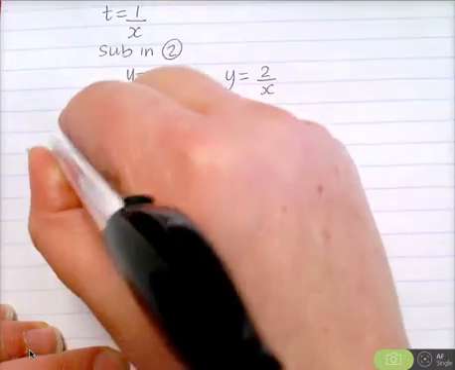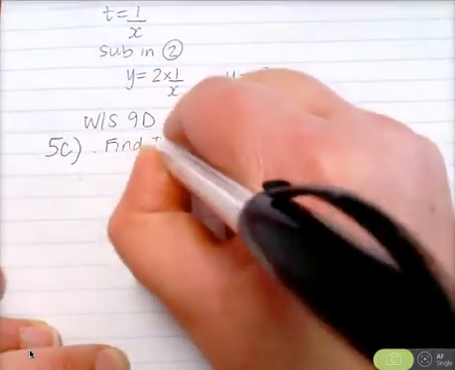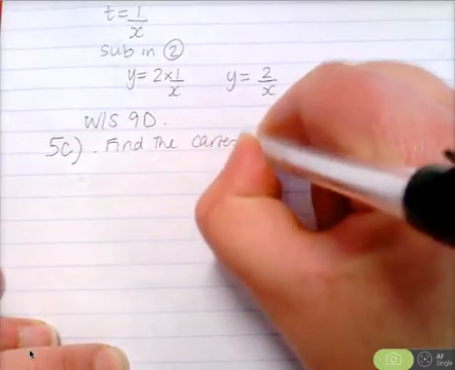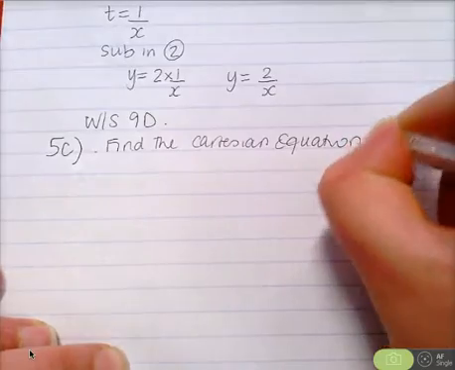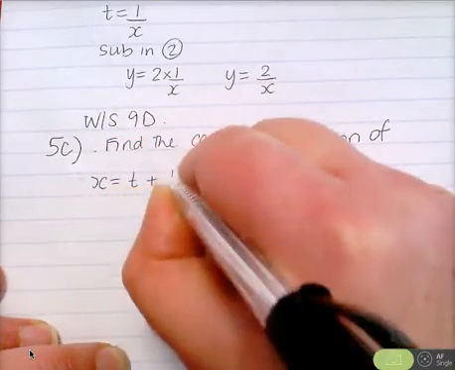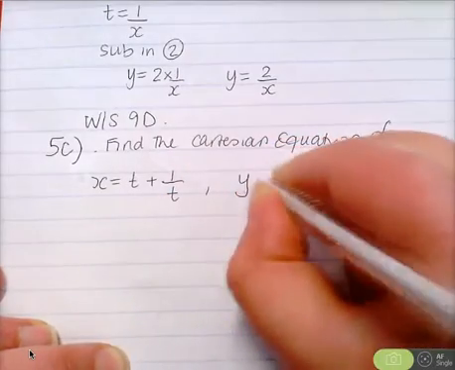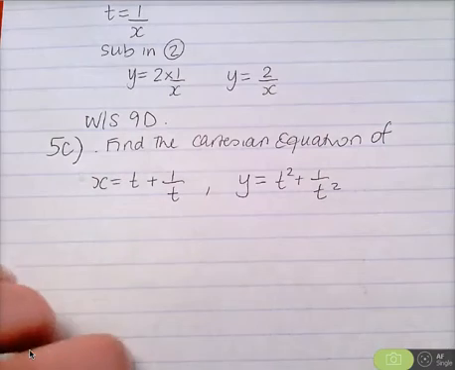Worksheet 9D, question 5C. Find the Cartesian equation of this curve. X is t plus 1 on t. You're not going to like this one. Y is t squared plus 1 on t squared.